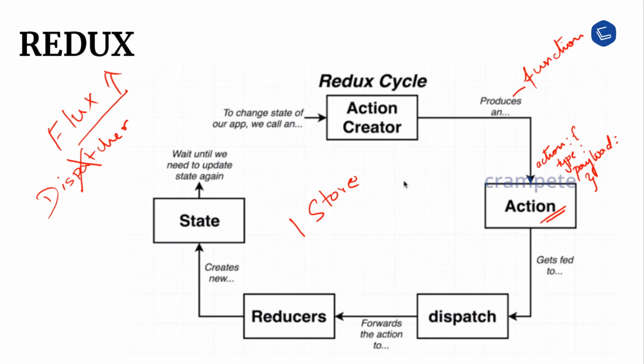Type describes what change we want to make to our data. Payload is the context of what change we want to make.